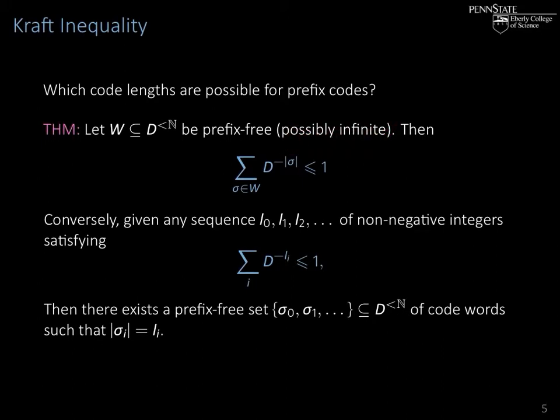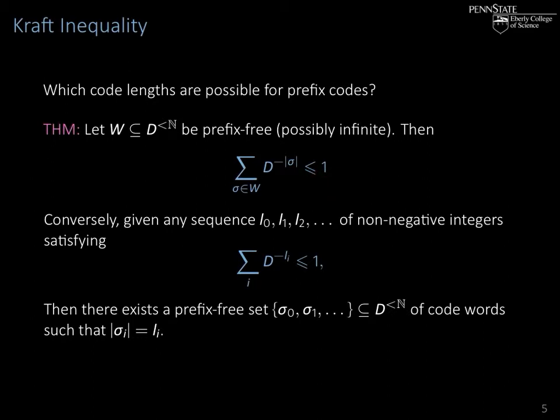Then the sum over all sigma in W of D to the minus length of sigma is at most 1. So if we have a prefix code, that means that D to the minus the length of the code words, summed up, is at most 1. So it cannot exceed 1.